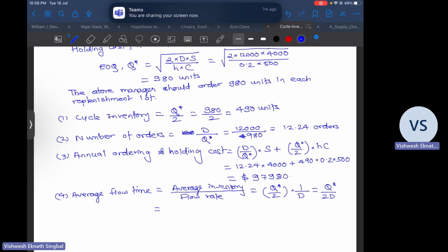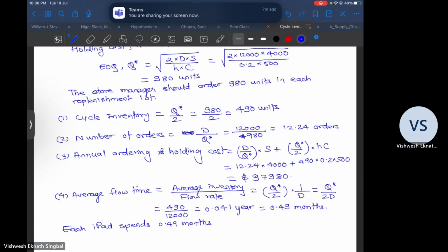When we substitute this, we get 490 by 12,000, that is 0.041 year or 0.49 months, which means each iPad spends 0.49 months. This is an average figure in inventory.